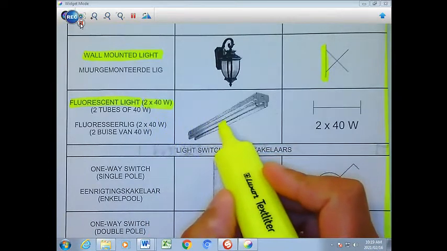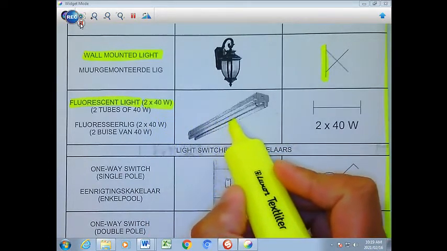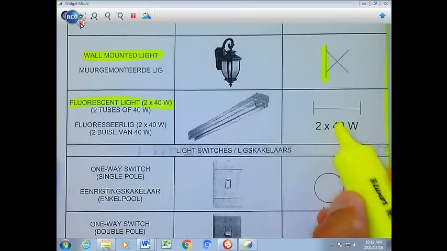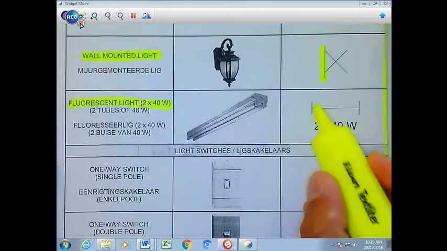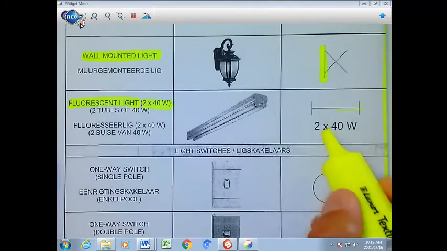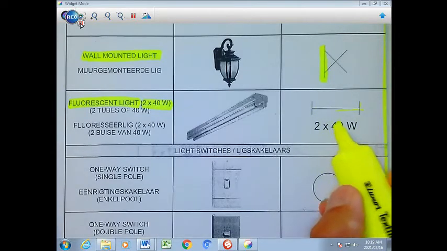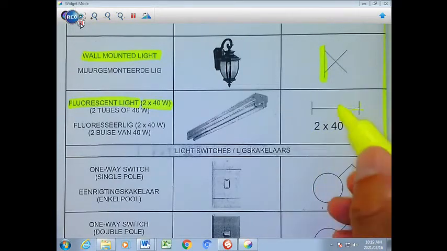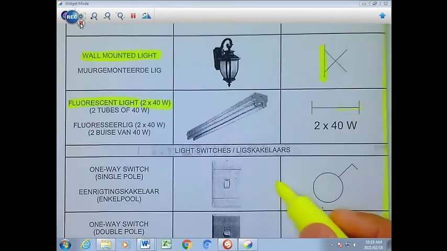So you need to indicate, very importantly, how many bulbs and what the watt is. The symbol is a line with 2 anchors on the side, T-parts on the ends. And you need to write 2 times 40 watt or 3 times 40 watt. That's very important because you get half a mark for each of those.